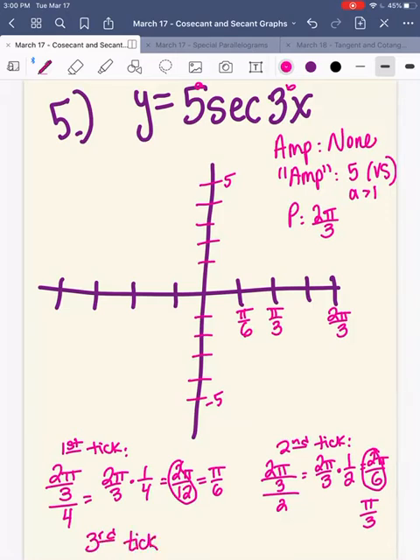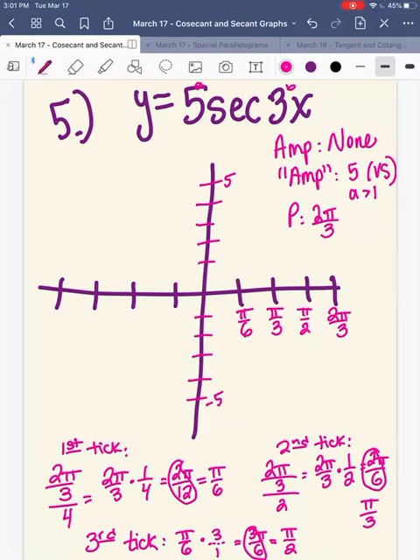We take the 1st tick, which is pi over 6, and times it by 3 over 1. So that's 3 pi over 6, and that again reduces to pi over 2. Okay, so that's just kind of a refresher.